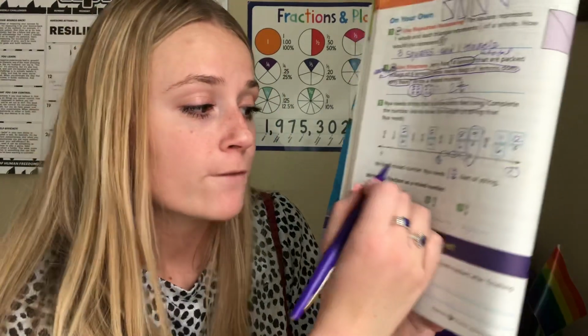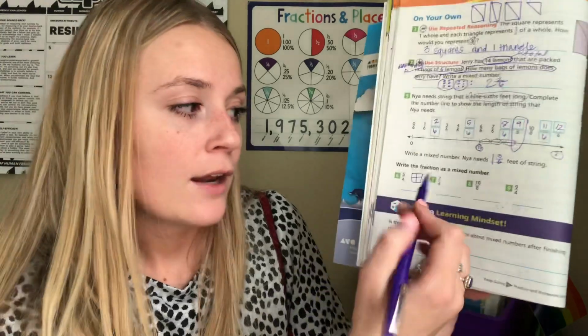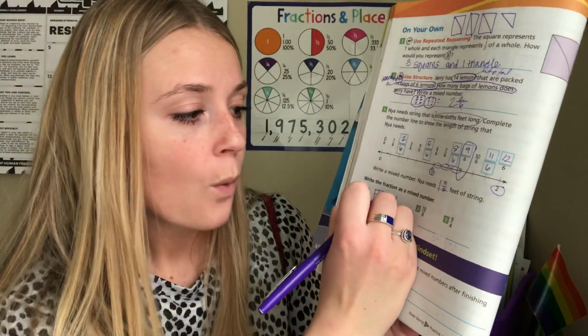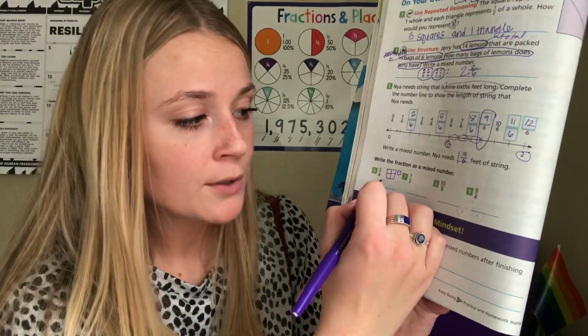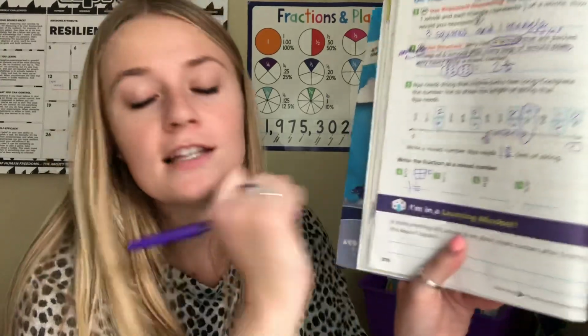In this case, it's 4. So I divide it into 4, and I know, okay, that is my whole group. How many extra pieces do I have? I have 1 extra 4th left. So I have 1 whole and 1 piece that's a 4th left.